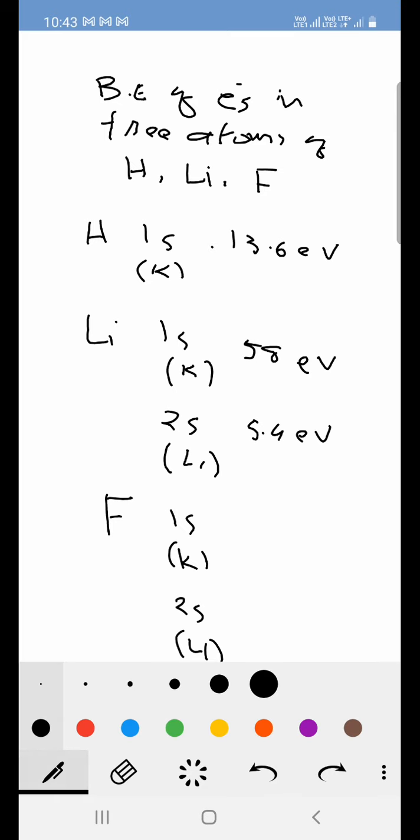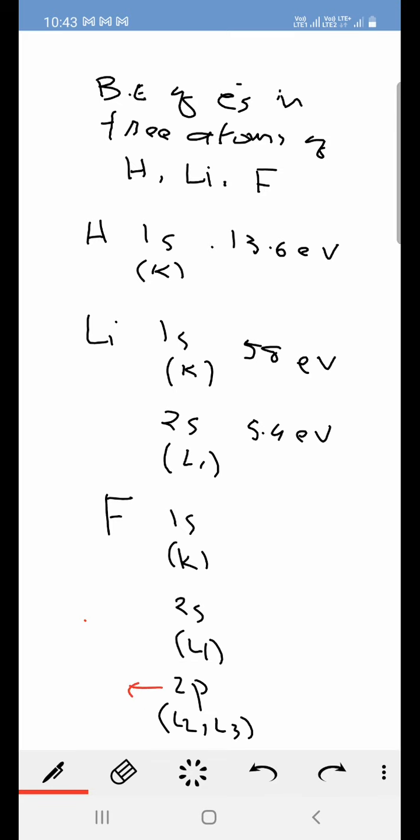It means that it is 2p 1/2 and 2p 3/2, and the corresponding binding energies are 694 electron volts for the K state, 37.9 electron volt, and for this case it is 17.4 electron volt.